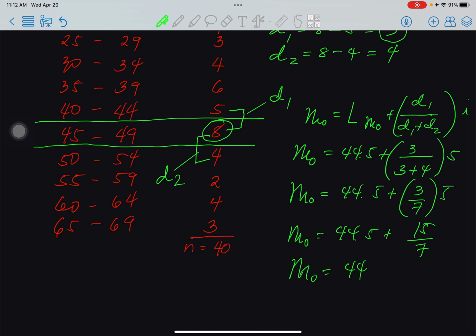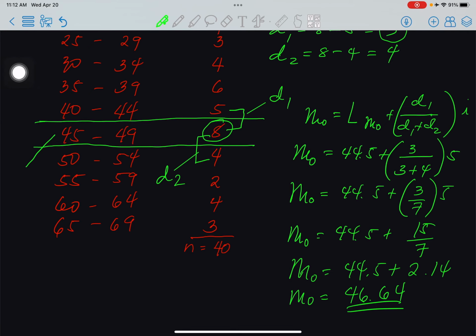So 44.5 plus 2.14, we will now add, that is equal to 46.64. So our mode is equal to 46.64. That is our mode.